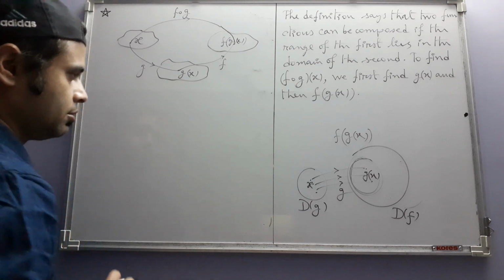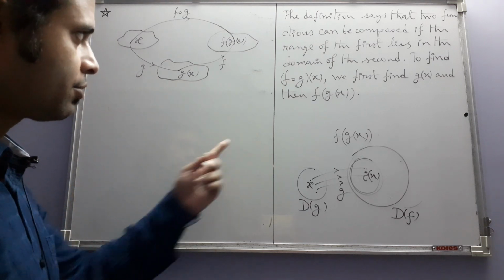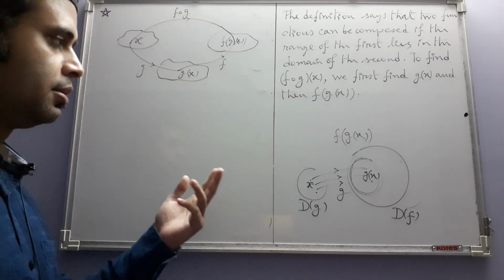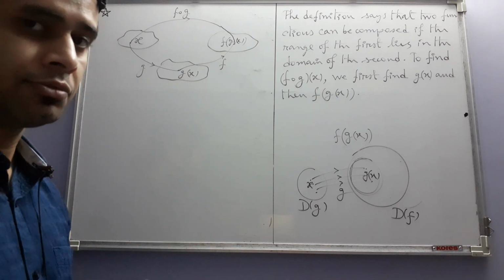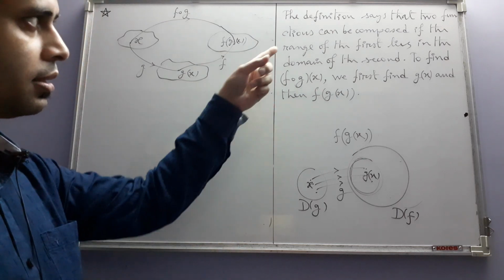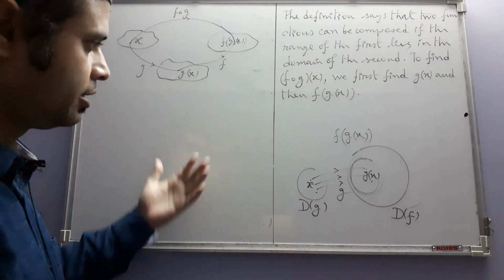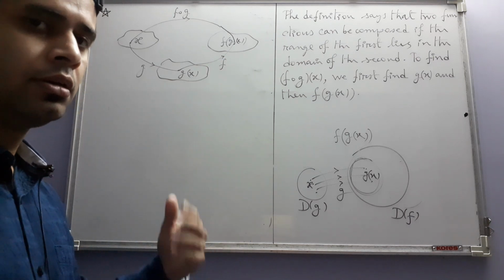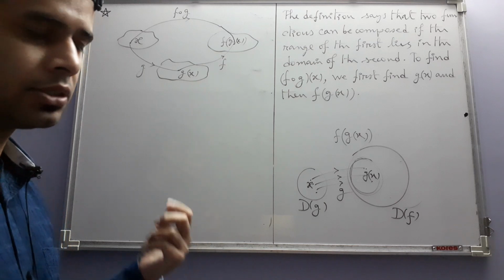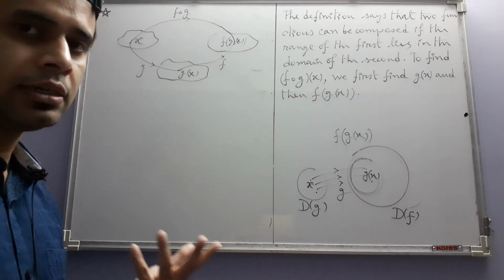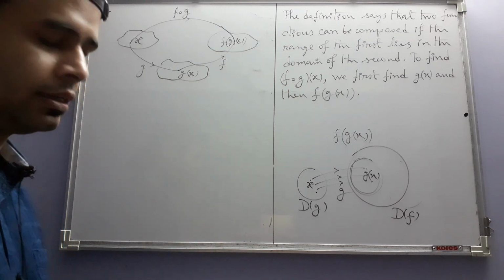Now, just like you can form F composition G, you can think of G composition F also, provided the conditions that we were laying out in the definition of F composition G are true for G composition F. That is, in short, provided G composition F can be defined.